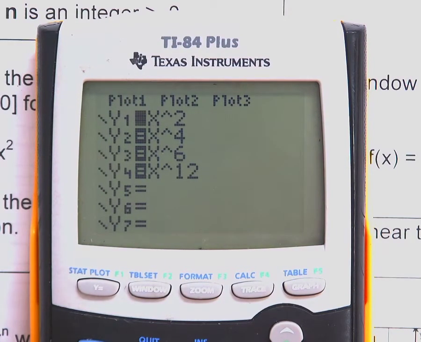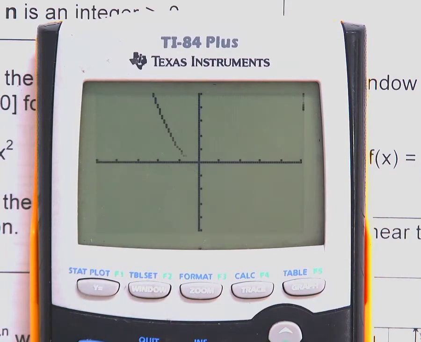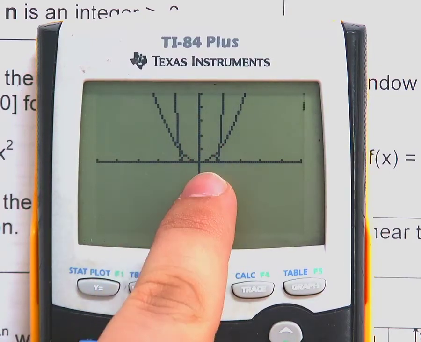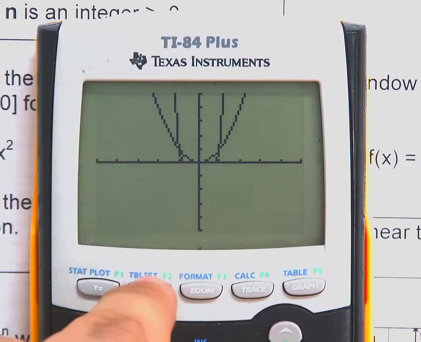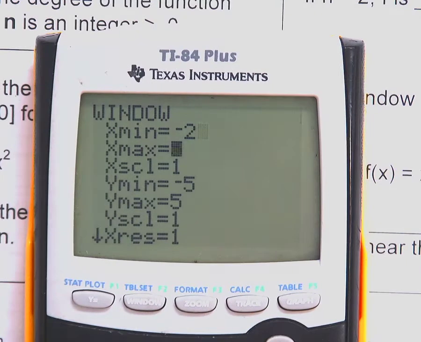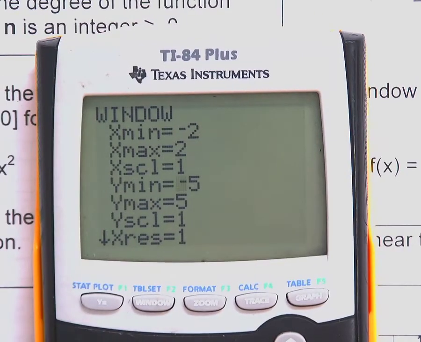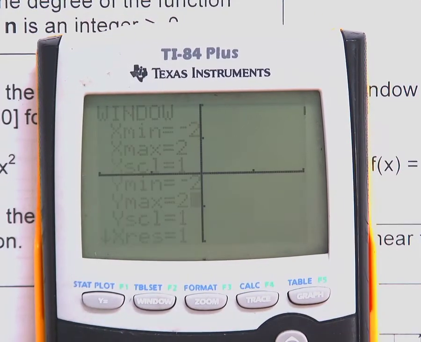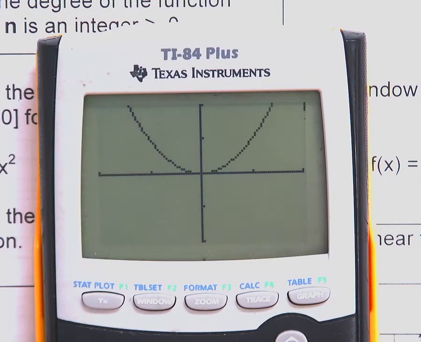I'll leave that one on and we'll just compare it to x to the 12th. Here's x squared, here's x to the 12th. Look at how straight on this axis it is. I mean, that's pretty intense. If you zoom in, -2 to 2, it becomes a little bit more dramatic. All right, there's x squared, and here's x to the 12th.